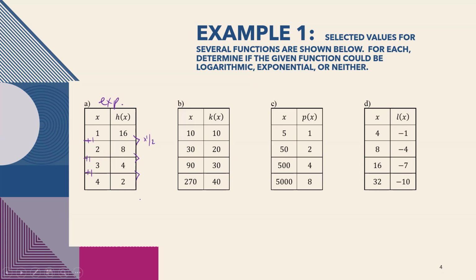All right, k of x. What is k of x? K of x is log. It's a log model. K of x is log because the y is evenly spread out. Perfect. The y is evenly spread out, and your x, your input, is changing with multiplication, multiplying by 3. Okay. P of x, either it's linear. Perfect. Good job.